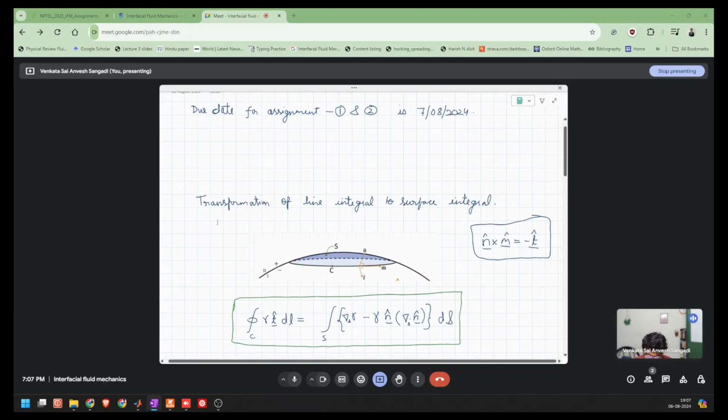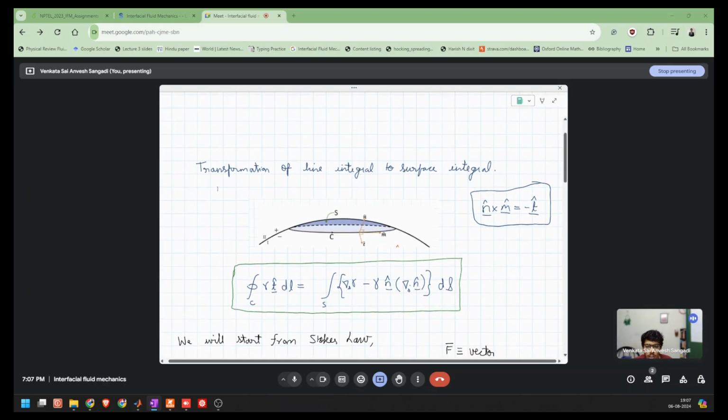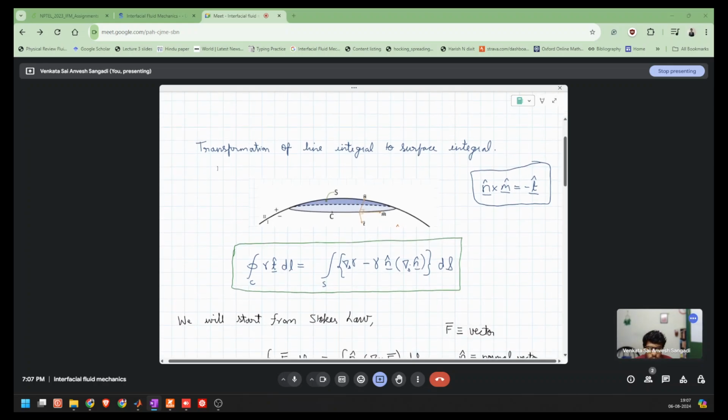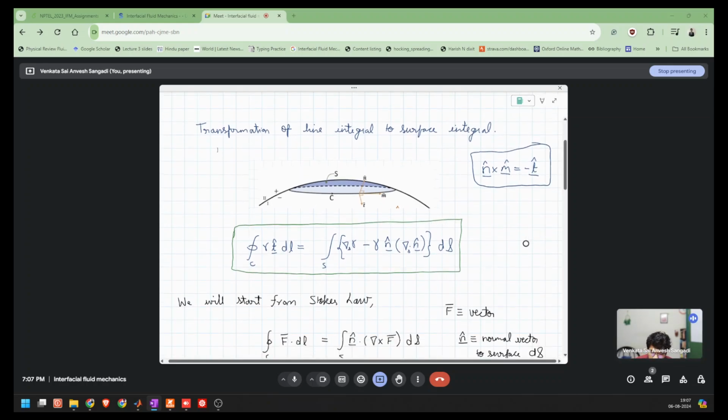So for today, we'll go over an important derivation for the theorem that has been used in class. This is a theorem that was used when we convert the line integral emerging from the surface tension term to convert it into a surface integral.